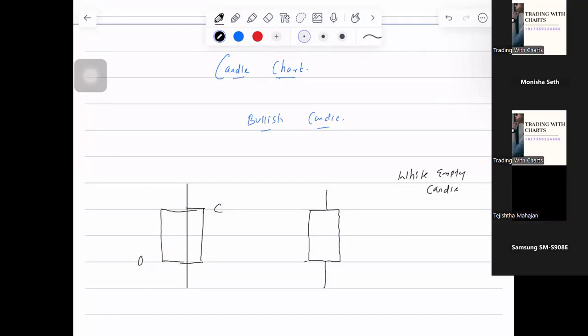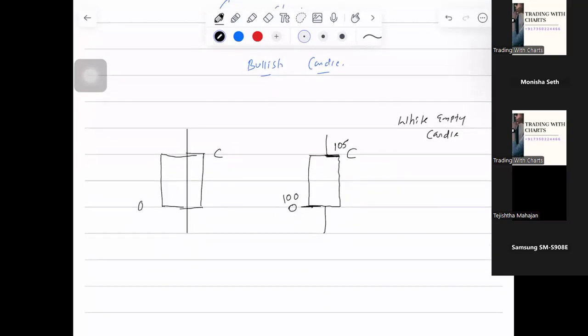Here you just need to remember that opening is on the downside and closing is on the upside. Take for example, the price opened at 100 rupees and closed at, let's say, 105 rupees. Opening is 100, closing is 105. Now in a candle, there are 3 important properties which you need to remember.